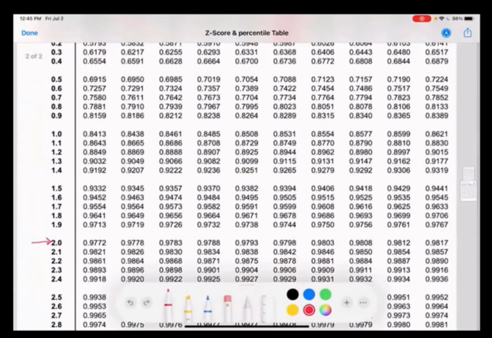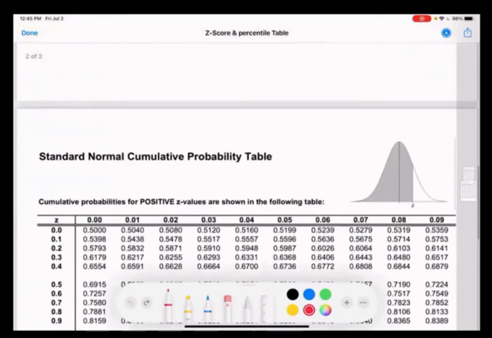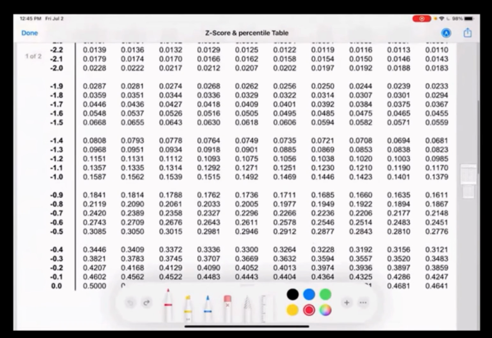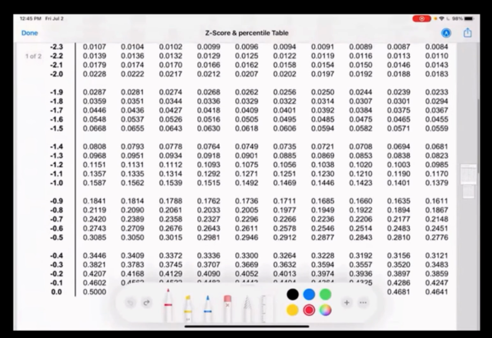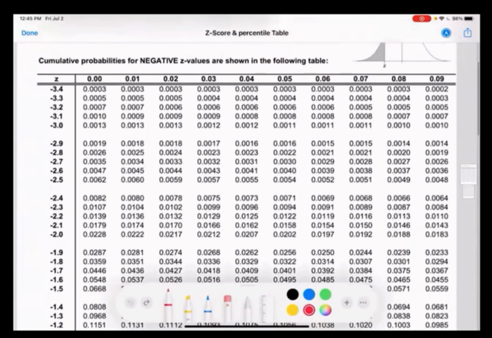Let me get rid of these markings. Okay, so negative z table, we're looking for -1.98. So we've located -1.9, move our way across the table till we get to 0.08 column.